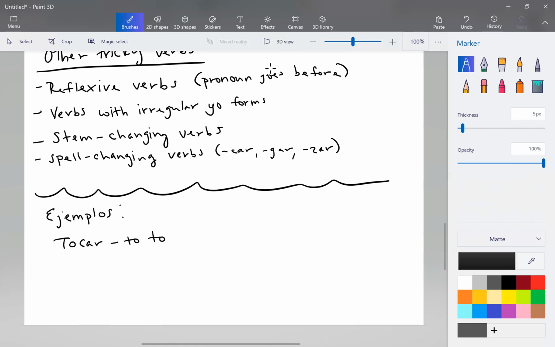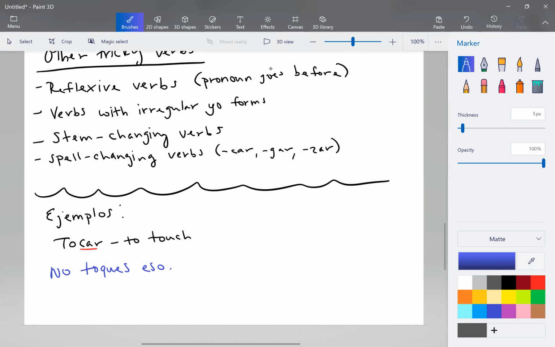And this is good because it's a nice one. It's a car verb. So first we're going to have no. And then what are we going to do with tocar? It's an AR verb. Toques. And how are we going to spell that? Toques. Perfect. No toques eso. Don't touch that.